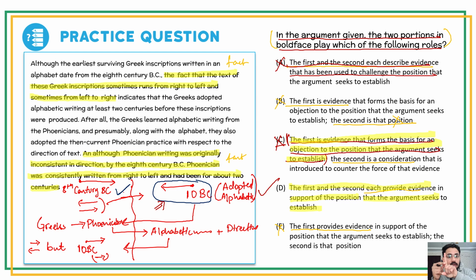So that means these Greeks either learned somewhere in the 10th century BC from them how to write in alphabetic form, and of course they also adopted the inconsistency of direction, or somewhere before that. So yeah, these two pieces of evidence in the bold faces would be the foundations for my argument. So option D is correct.